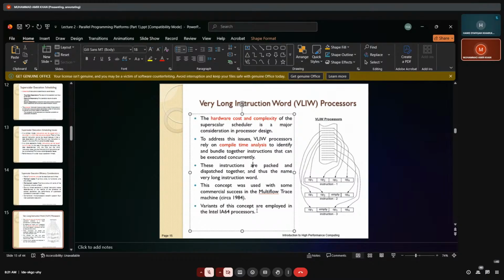Variants of this concept are employed in the Intel IA64. So we have operations called OP1, OP2, OP3, OP4, where OP means operation. This is instruction 1, this is instruction 2, this is instruction 3. So we can take any of the operations which have no dependency.